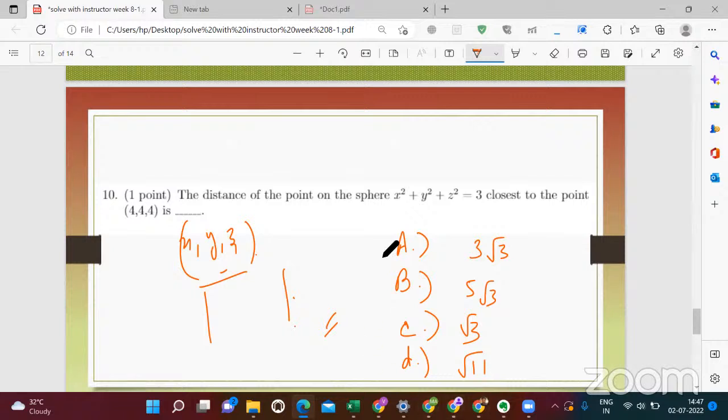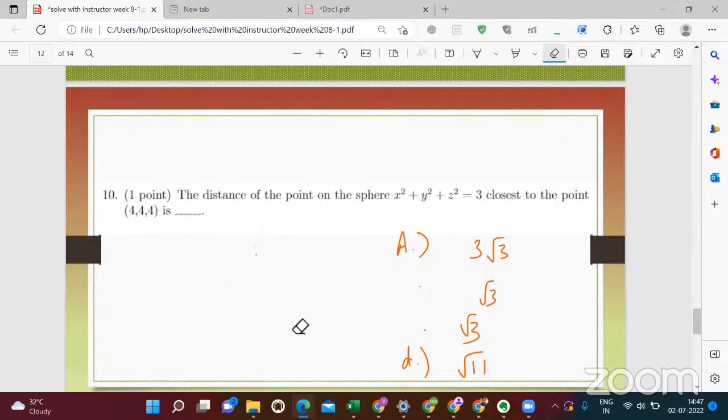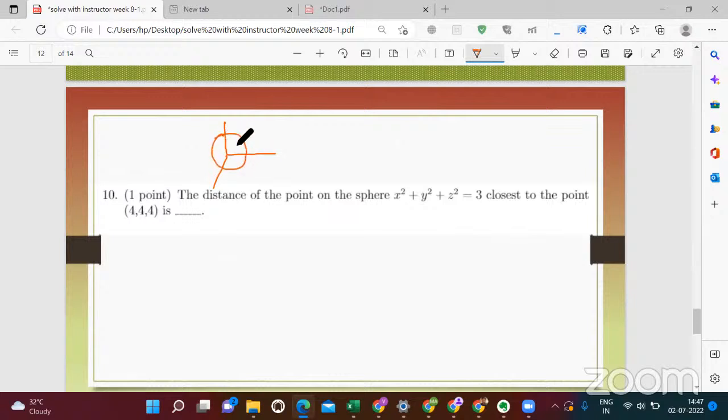Okay, I'll solve this one. I told you this is the 3-dimensional thing, and this is the sphere we have. For example, this is the x, y, z point, and this is 4, 4, 4.